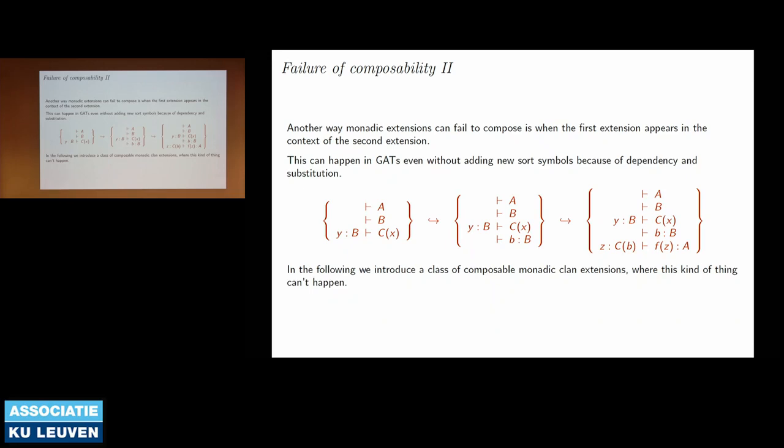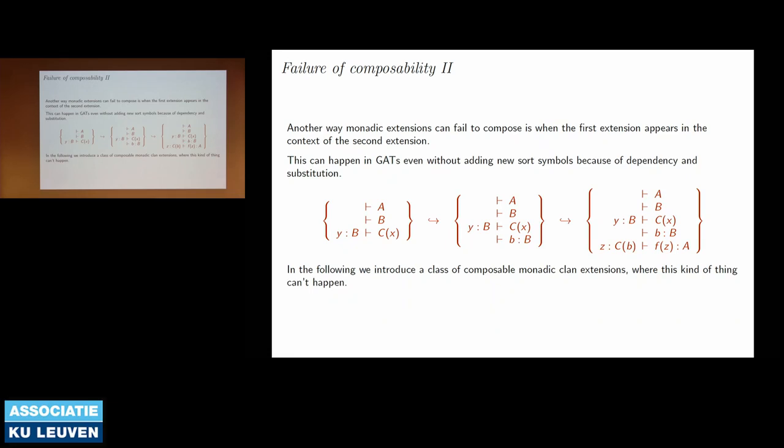And so what happens here is that I start with a theory with two base sorts and one dependent sort. Then I extend it by a constant, and then I extend it by an operation where the constant appears in the context.